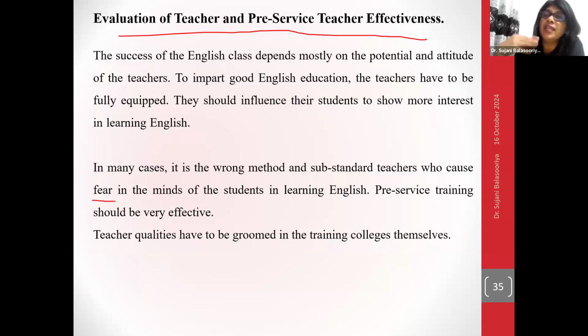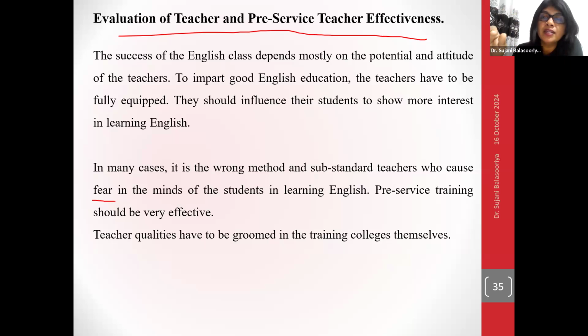It's like the feeling in the mind that it's difficult to learn English. That's one thing. And the other thing is, if I use English, if I tell something in English, others might laugh at me. That kind of impression.